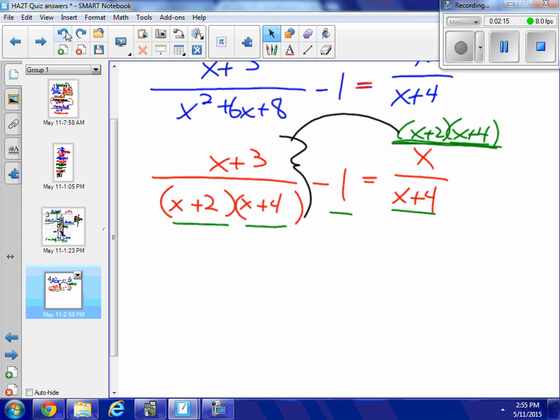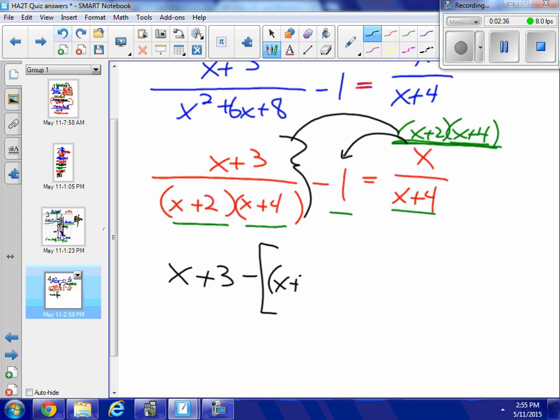But if those cancel out, that means this first part is simply x plus 3. Now that is minus, and especially when I see a minus sign, I start moving towards brackets and parentheses. I'm going to multiply my least common denominator times 1. Well, that's not too tough. That would be x plus 2, x plus 4.